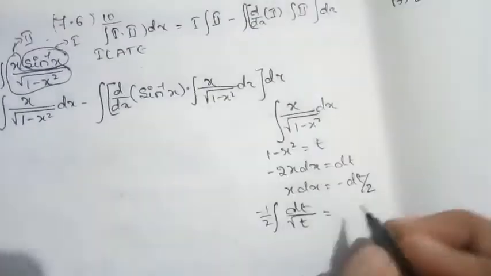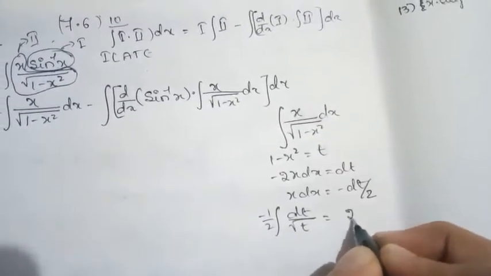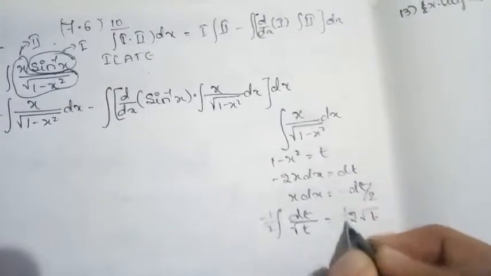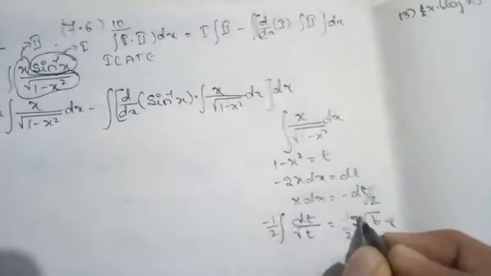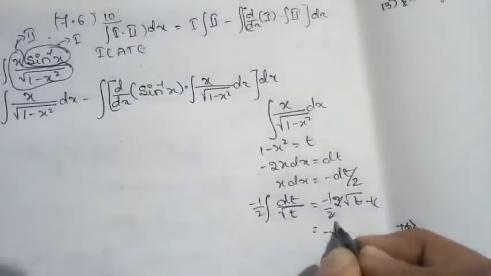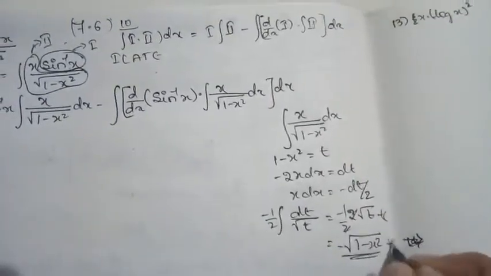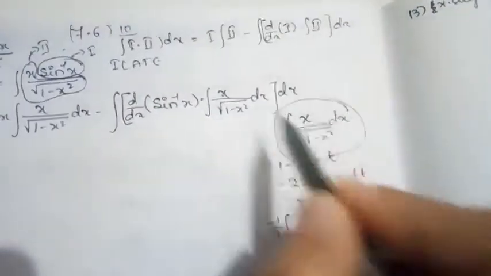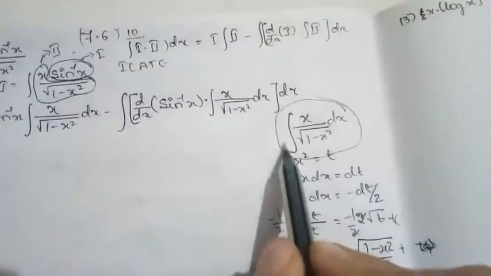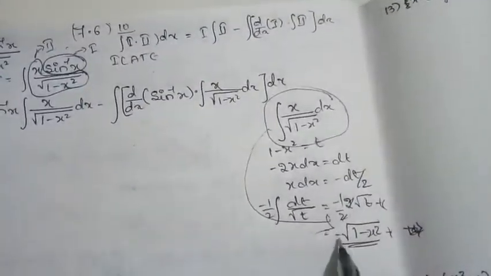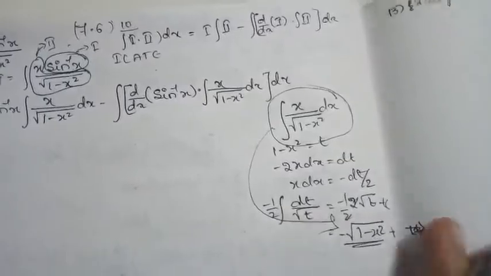The integration of 1 by root t is 2 root t, and we already have minus 1 by 2, plus c. So the 2 cancels, giving minus root t. t is nothing but 1 minus x square. So clearly the integration of x divided by square root of 1 minus x square is minus root of 1 minus x square.